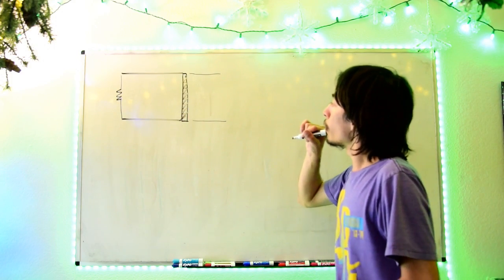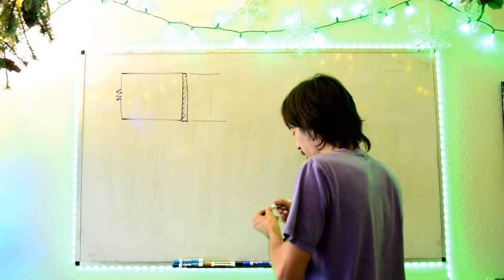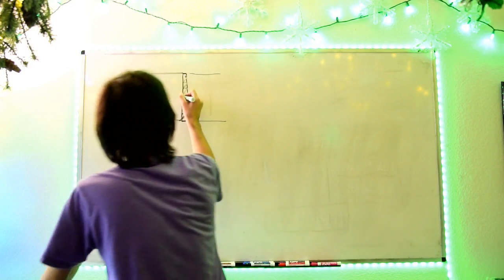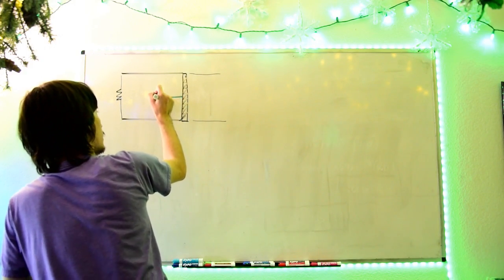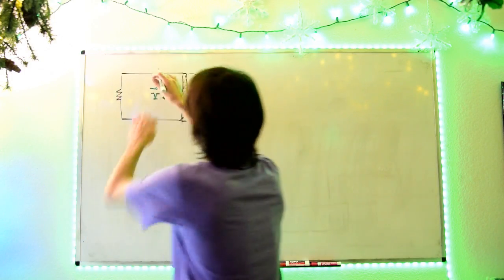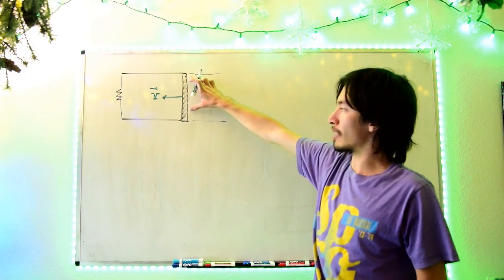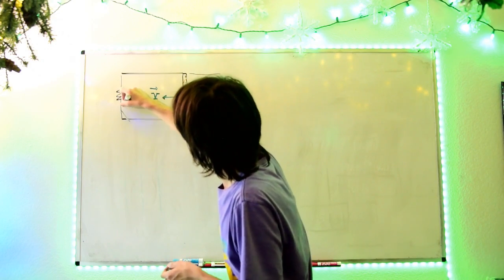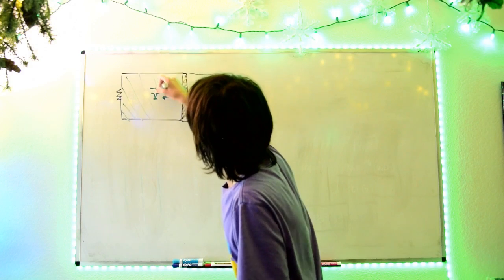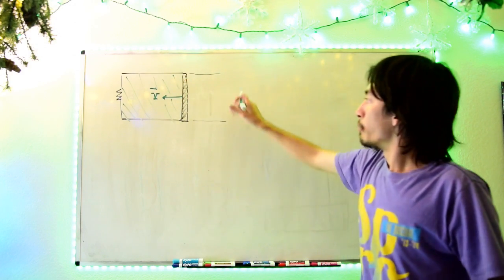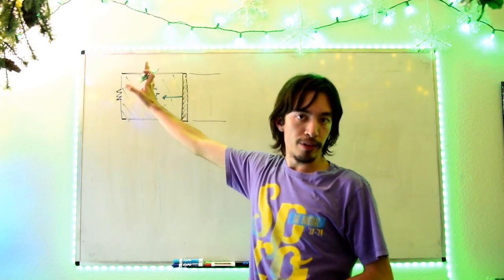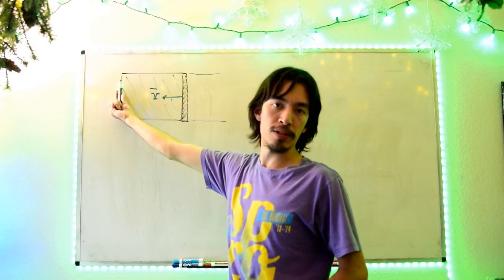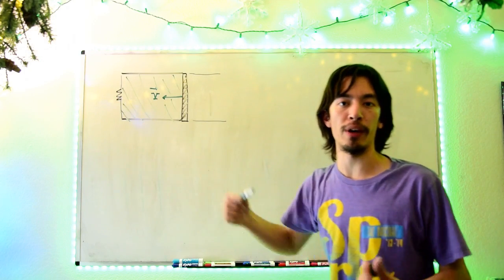As this rod moves to the left freely, the rest of it stays glued into place. So the only thing moving is this rod. As it moves to the left, you're changing the area that's enclosed in this loop. As you move that rod to the left, that area continues to shrink until, when the rod reaches all the way to the left side, there is no loop anymore because there's no area left.